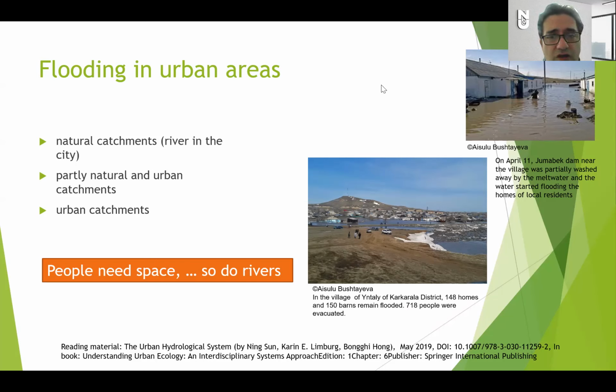So it's a part of some urban settlements, and it requires good engineering. And the main principle is this: people need space, so do rivers. While designing urban places, I mean cities and towns, people always prefer to stay close to the riverside because the river is the main source for drinking water, for cleaning, and also for sanitation.